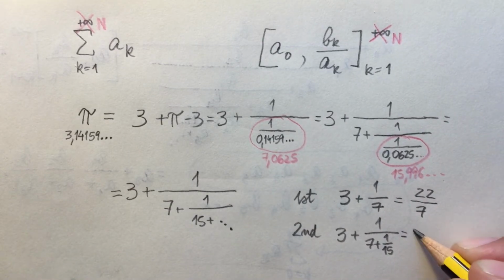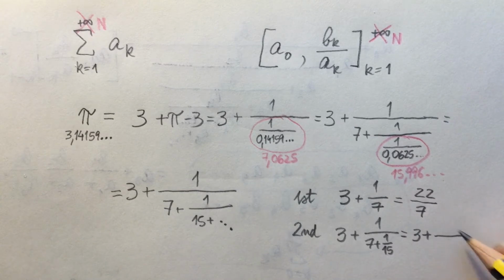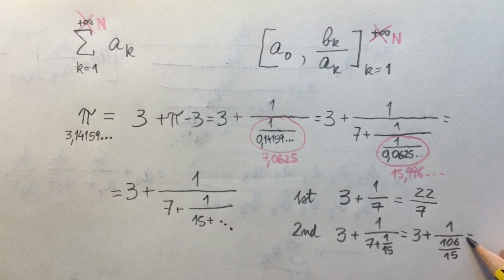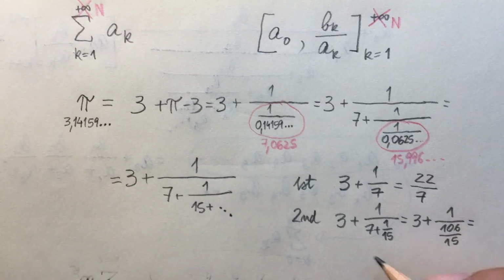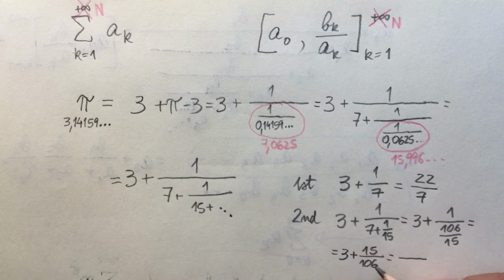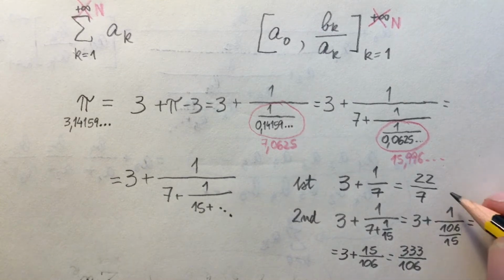Here we will have to calculate 3 plus 1 divided now by 7 times 15. This gives 105, so it's 106 divided by 15. And the result will be 3 plus 15 divided by 106. And this gives 318, so 333 over 106.